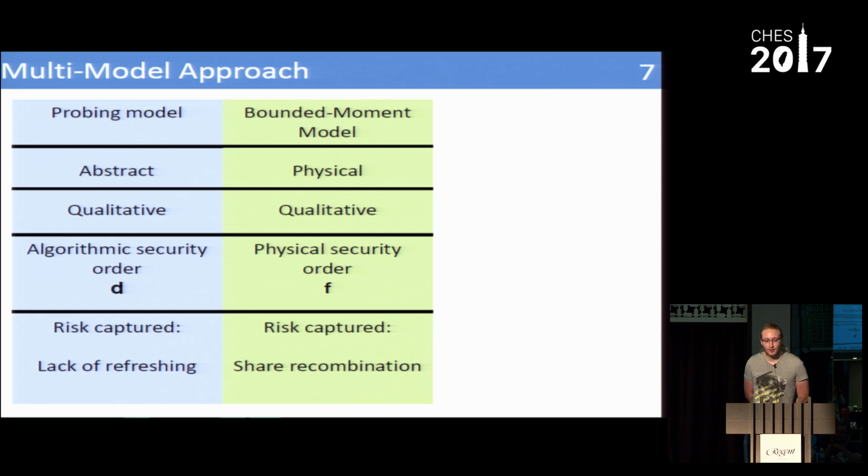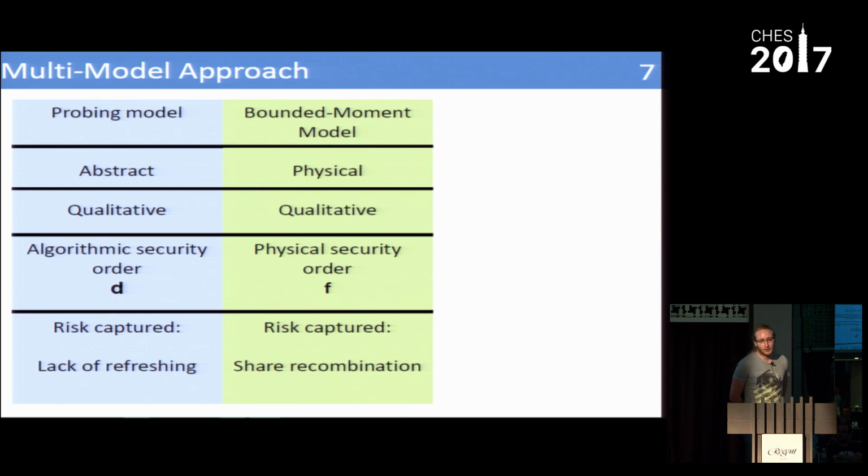It's a more physical model, and what we want to extract from it is the physical security order. We can do that essentially by launching leakage detection tests. And we want to capture the possible behavior of share recombination, that is, if you have transitions or glitches in your implementation, we want to capture them with this model.